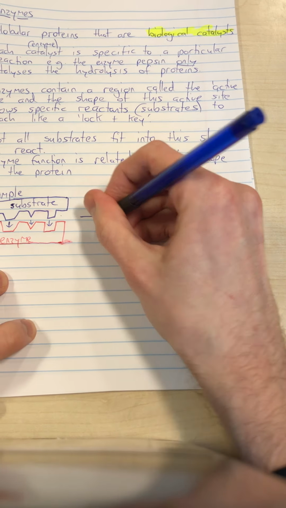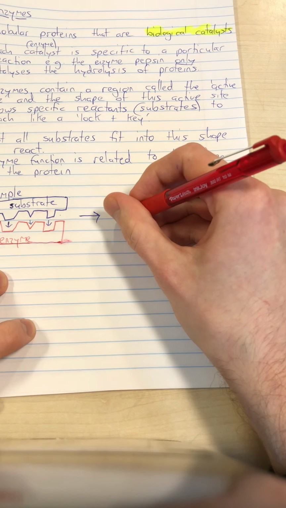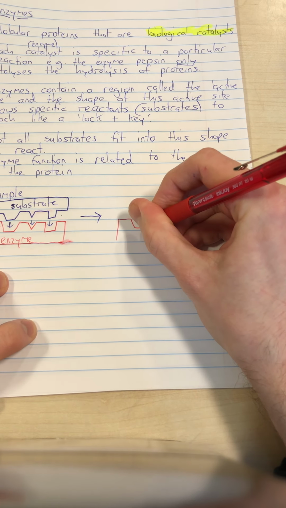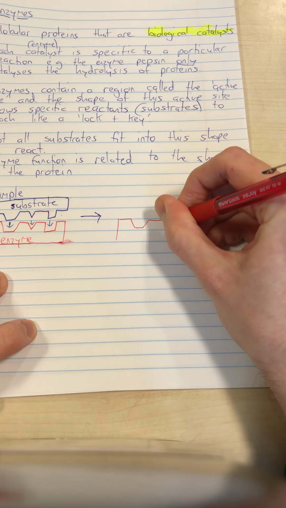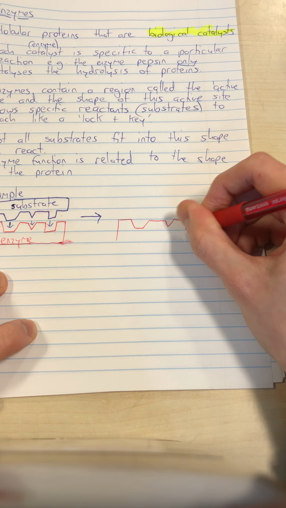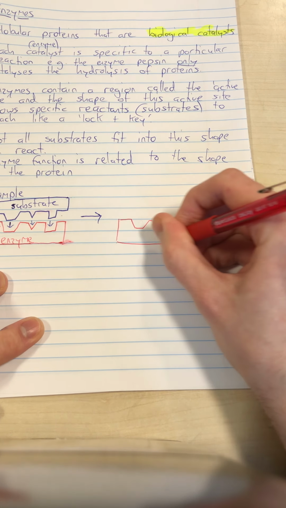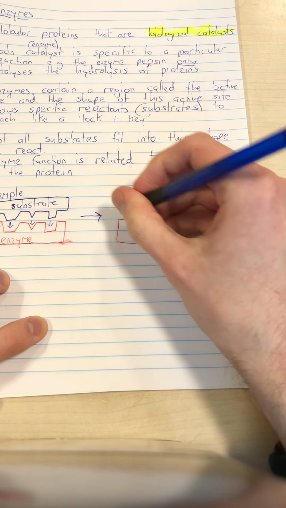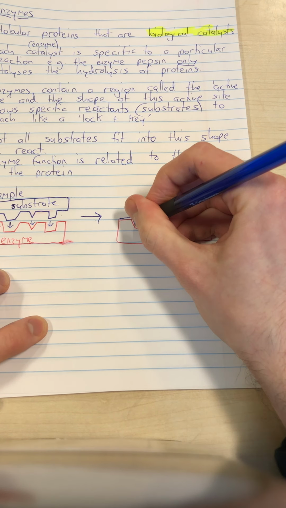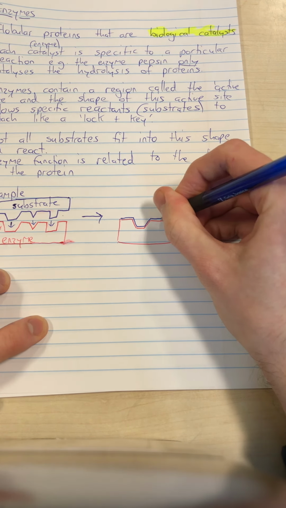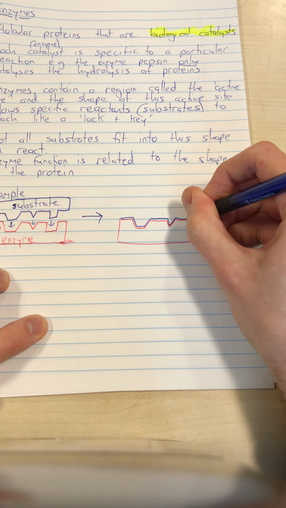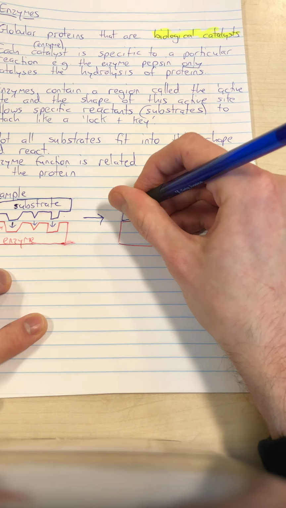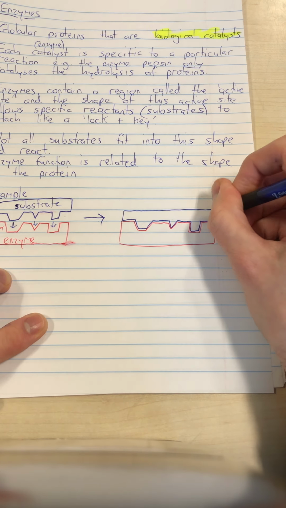And what happens, we are left with a situation where it goes like this. Again, it's not the best of drawings, but it will do the job. And the substrate fits nicely into the enzyme.